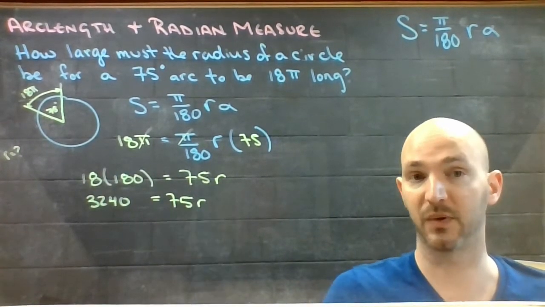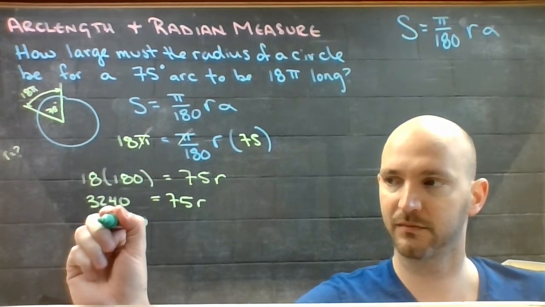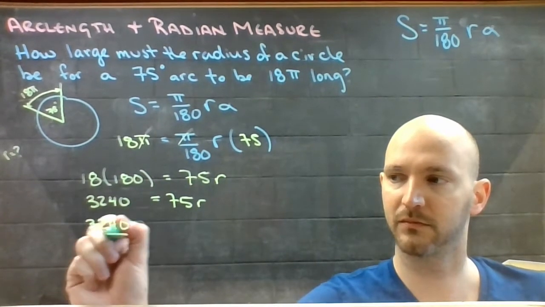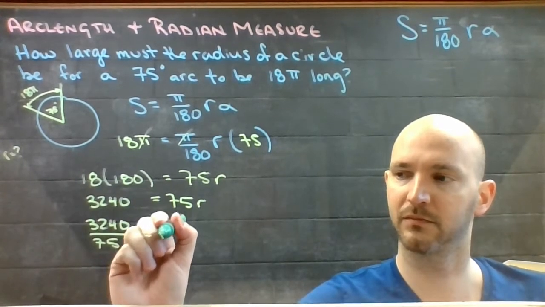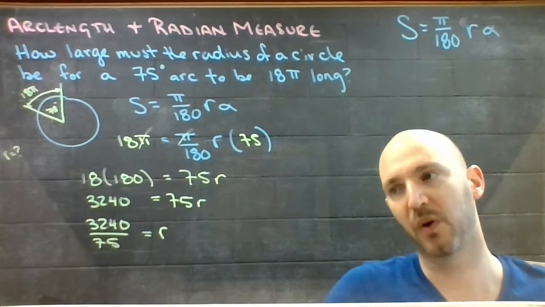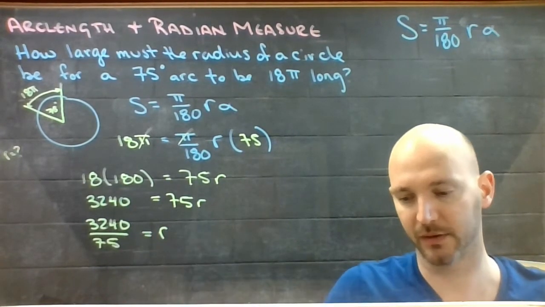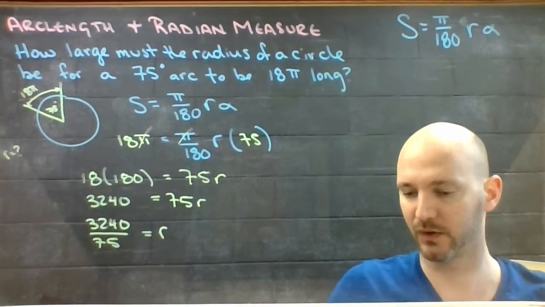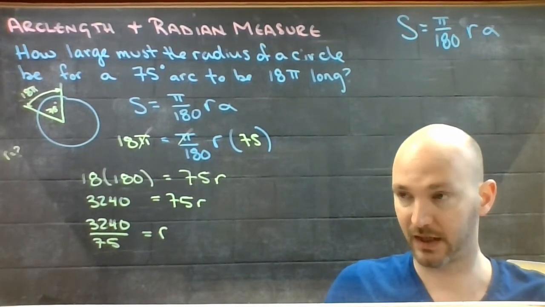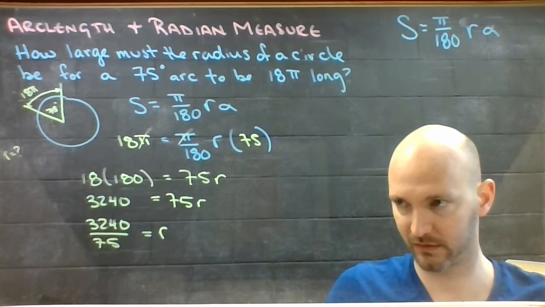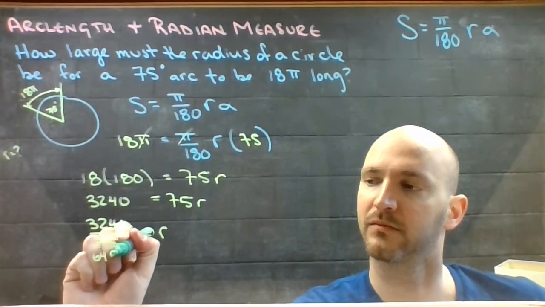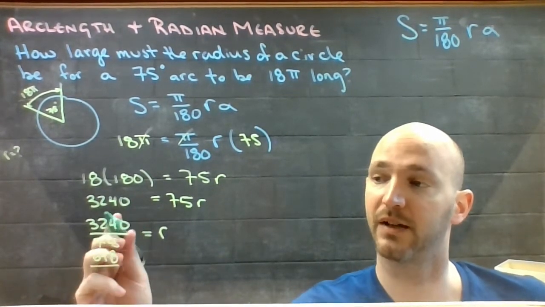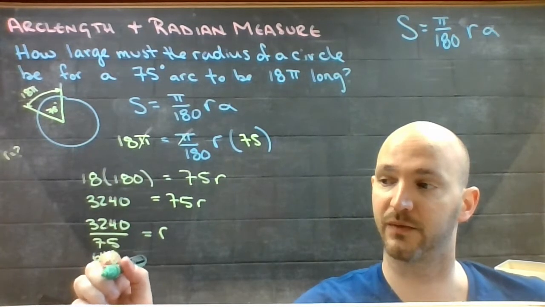And I'm going to divide both sides by 75. Both of these numbers divide by 5, so I'm going to do that. 3240 divided by 5 should be 648. 75 divided by 5 is 15.